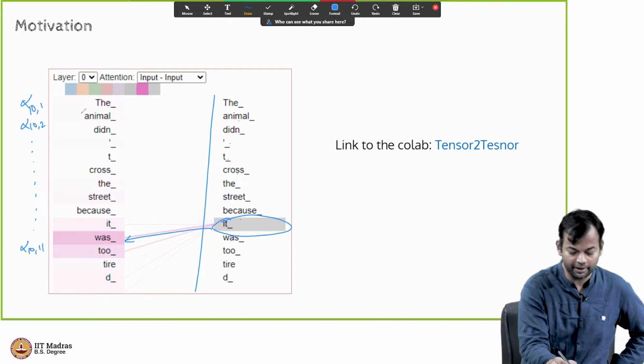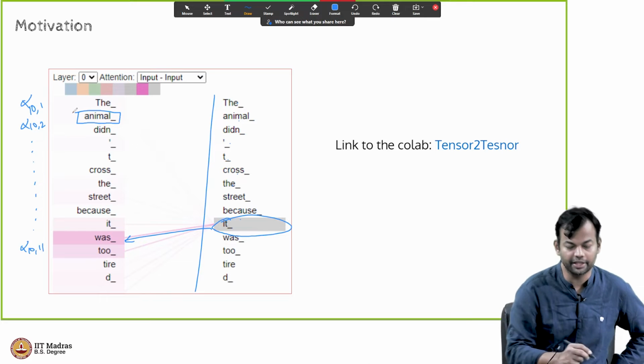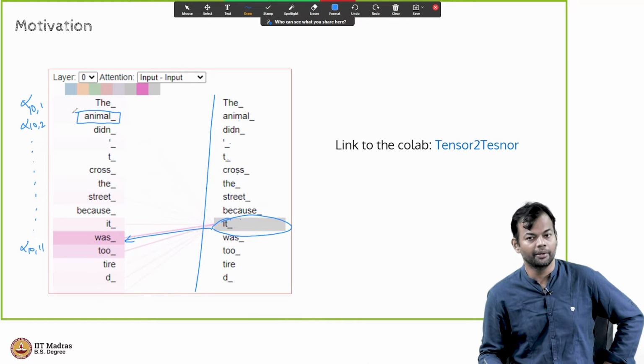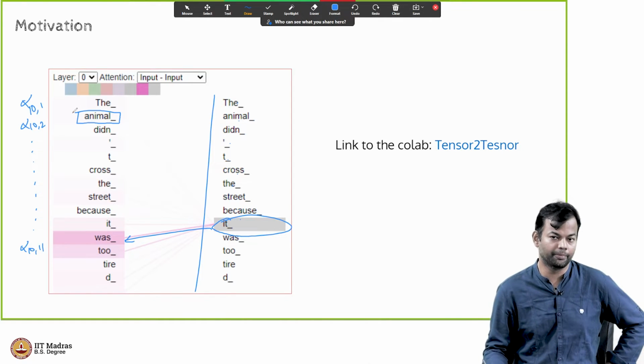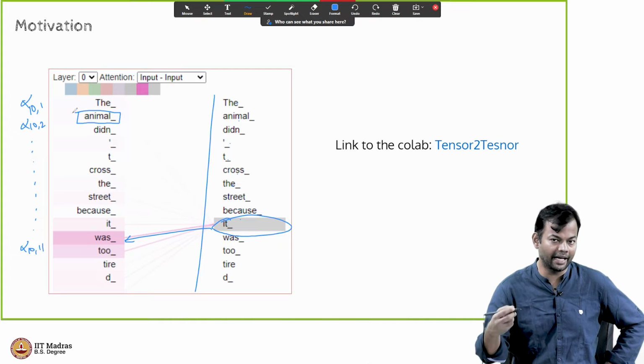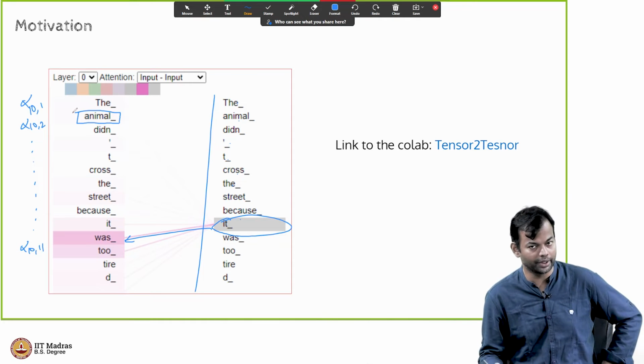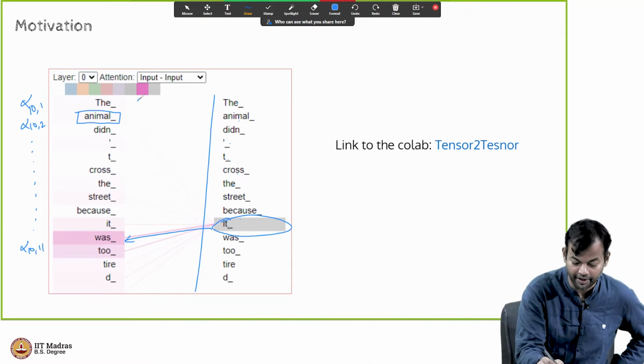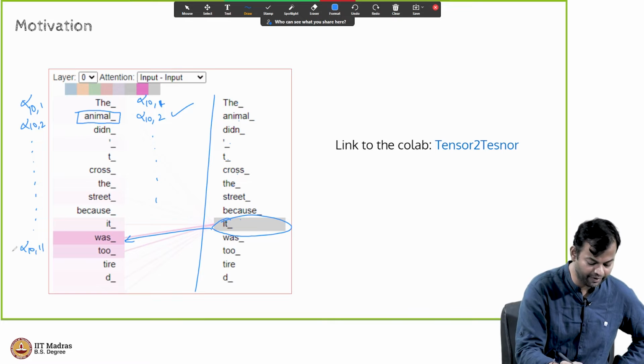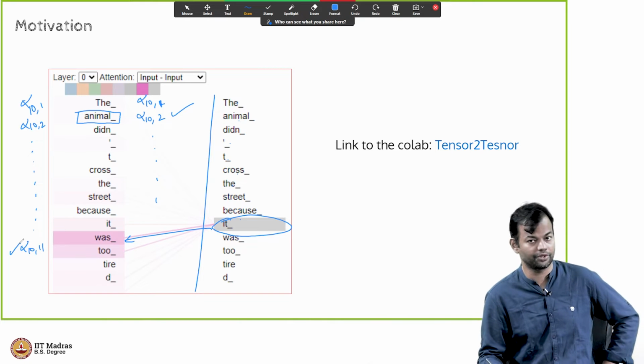But I had also earlier made the case that I want the attention on animal to be high, because animal is the word for which it is the pronoun in this case. So if I were to compute again the weights, alpha 10 and so on, then I want this to be high as well.